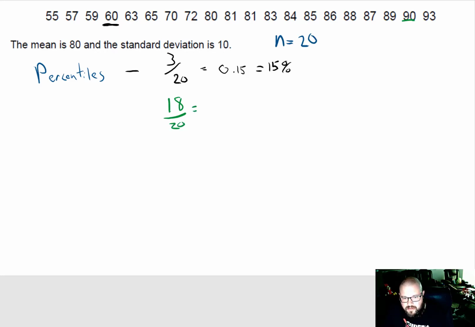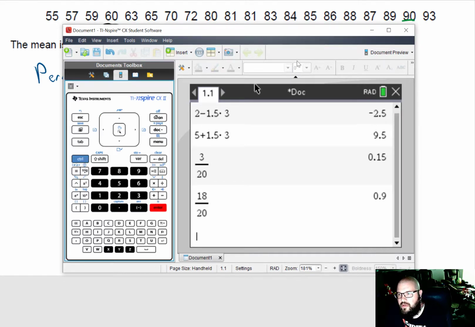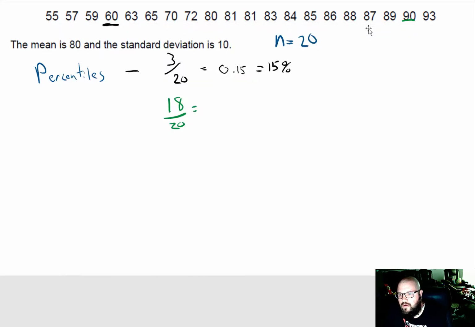So 18 divided by 20 is 0.9. Or you can probably understand that is 90%.